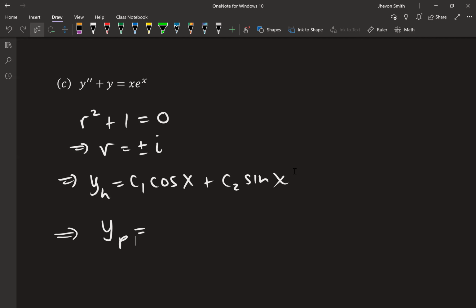No. And don't put t to the k. Be very specific. I'm asking for the answer here. Right. ax plus b e to the x is going to be the guess.